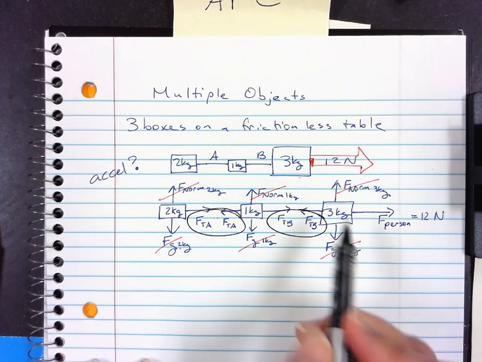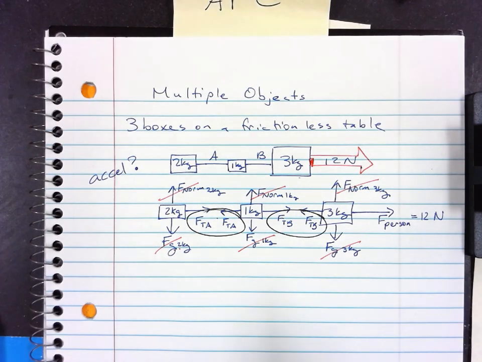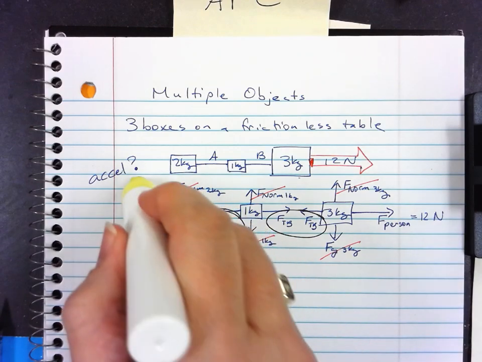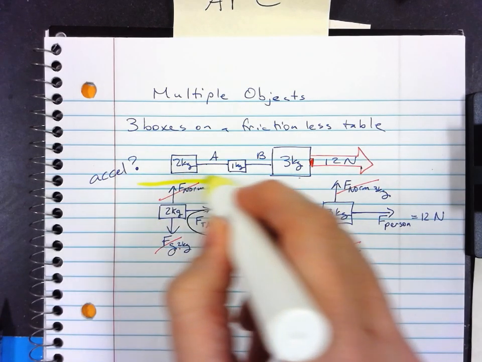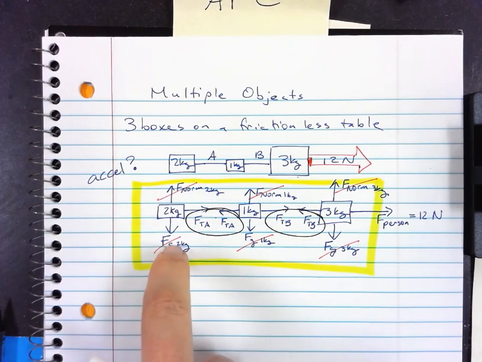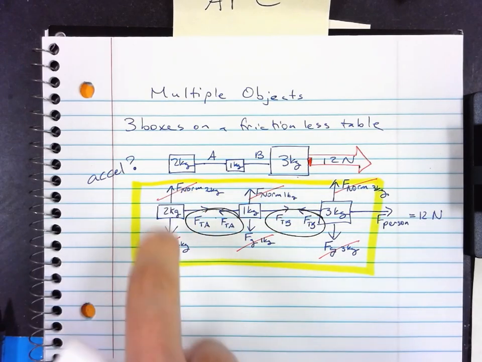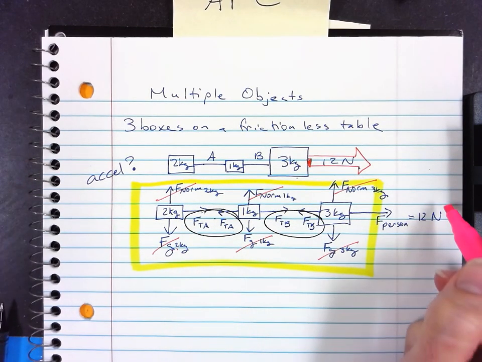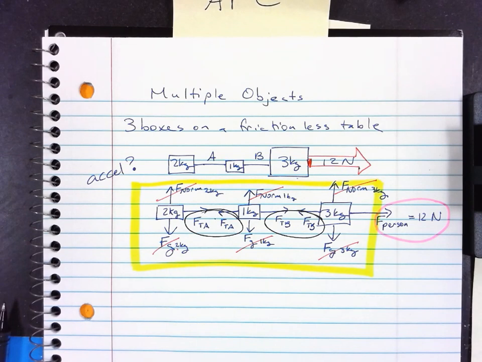It's a third law pair, 3 pulling on 1, 1 pulling on 3. So if we go outside the system, internal, so we don't care. Canceled out, yeah, they're both external to the system, but canceled out, canceled out, canceled out. All that's left is the force exerted by the person.